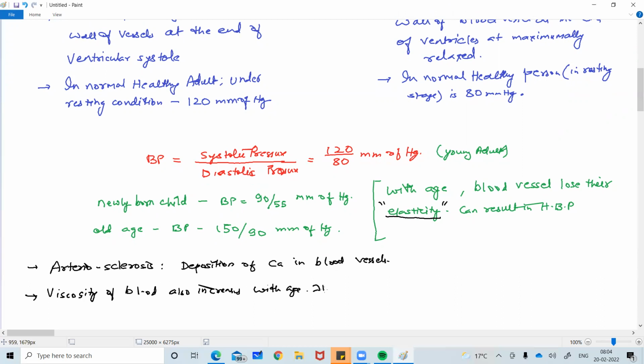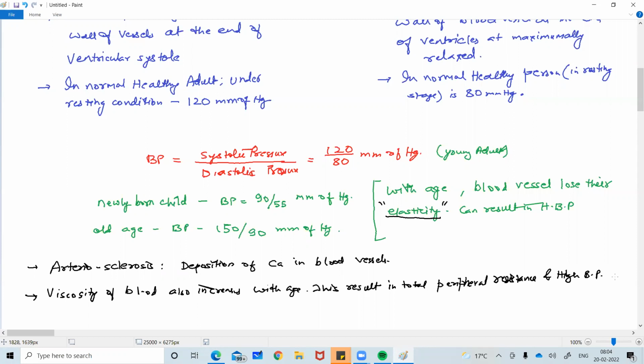This results in increased total peripheral resistance and high blood pressure. And this is the normal thing. As the age progresses, these things will come.